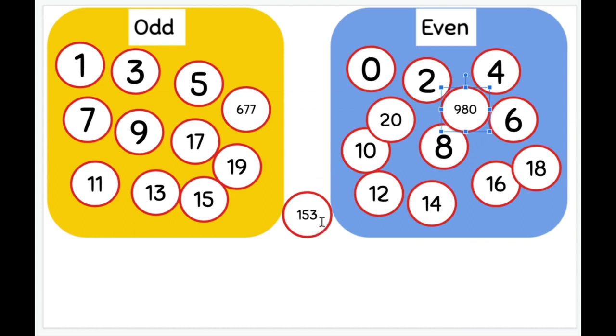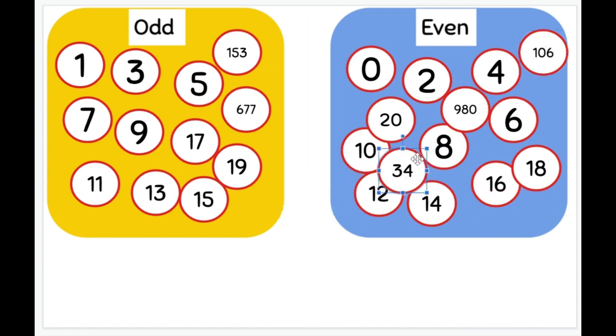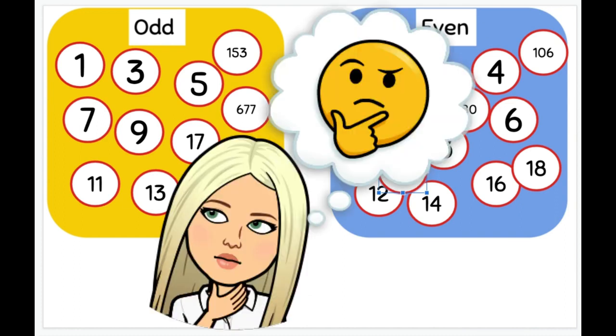It has a 3 in the ones place, so that's not 0, 2, 4, 6 or 8, so that must be an odd number. 106 has a 6 in the ones place, so that's going to be an even number. 34 has a 4 in the ones place, so that's an even number. So you need to be looking at your ones place in bigger numbers.